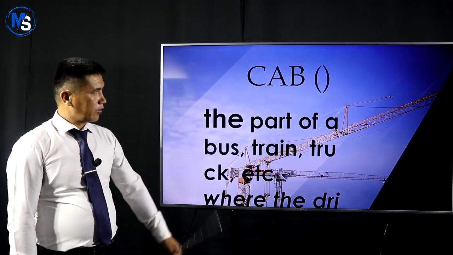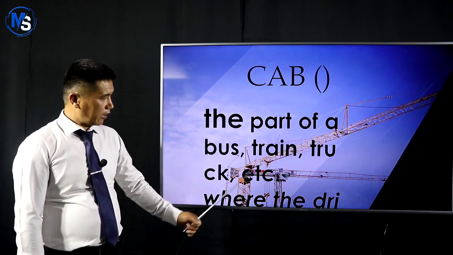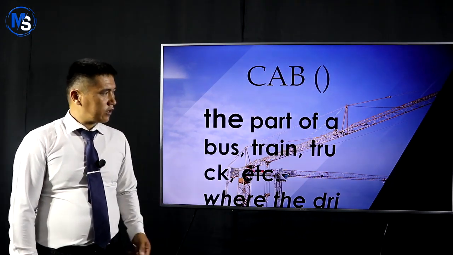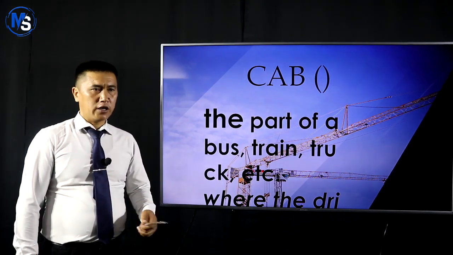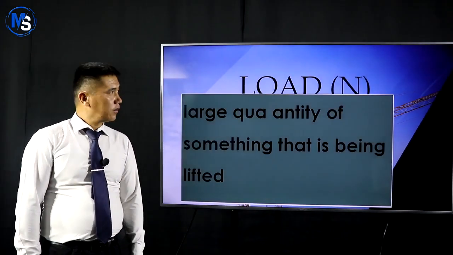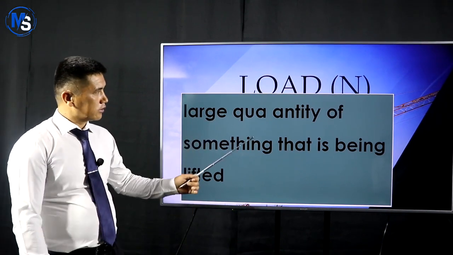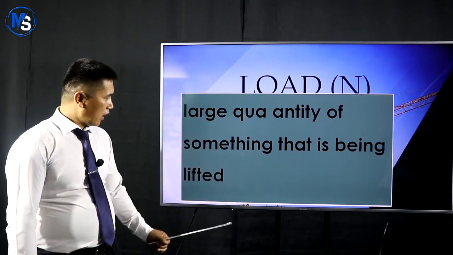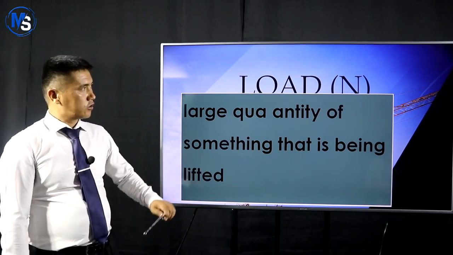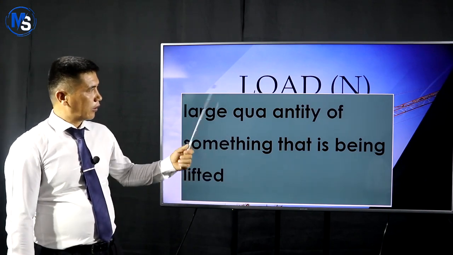The next, cab. A cab is the part of a bus or train or truck, etc., where the driver or operator sits and drives or operates the vehicle. Okay, the next, load, a large quantity of something that's being lifted from the ground to the pointed place.